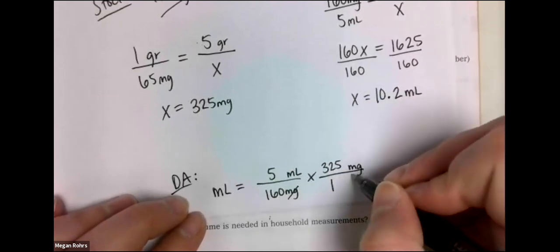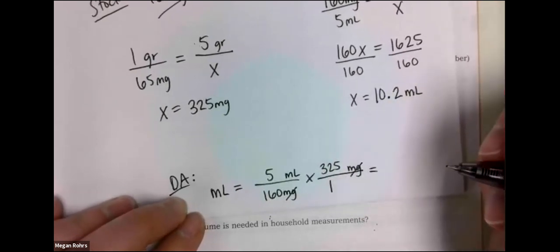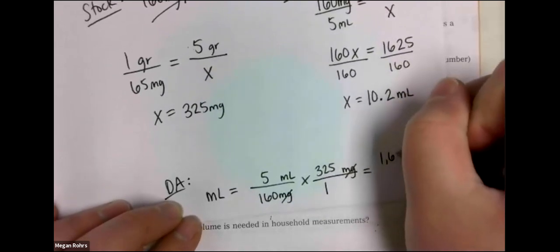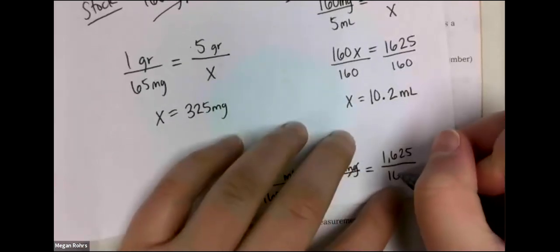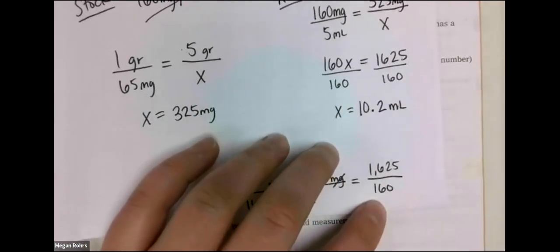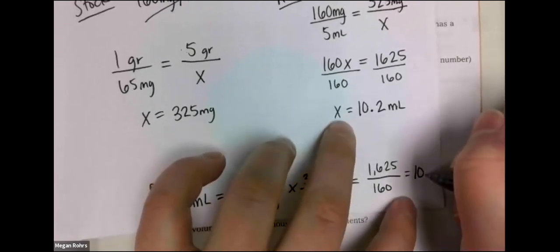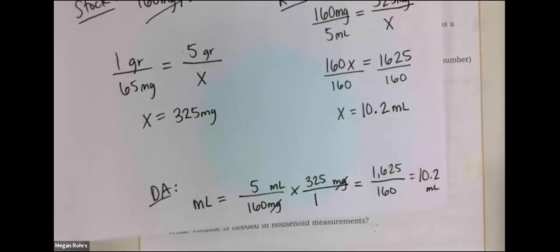Our milligrams will cancel, and we can solve. So once again, 325 times 5 gives us 1,625. 160 times 1 is just 160. And then once again, when we divide those, we get roughly 10.2 milliliters.